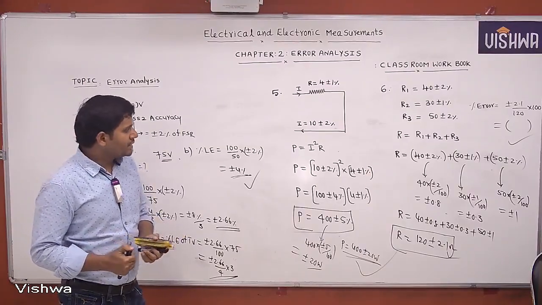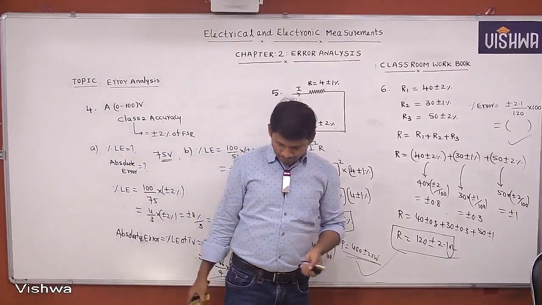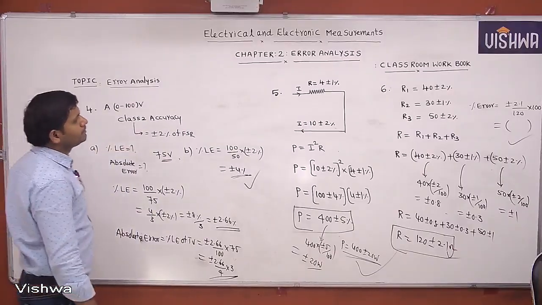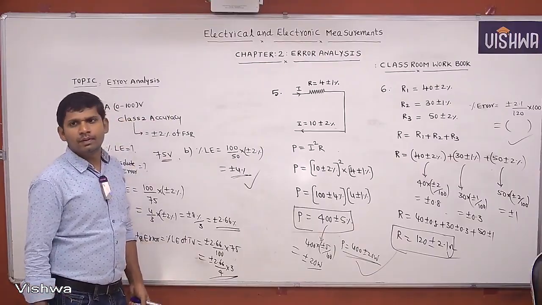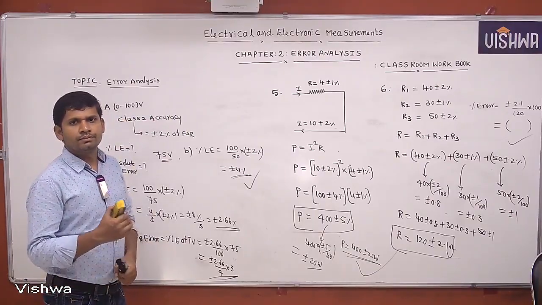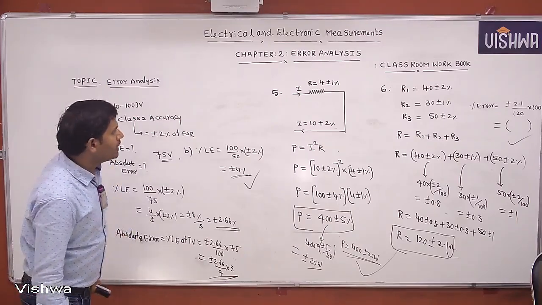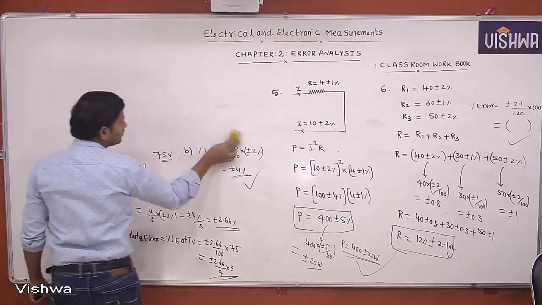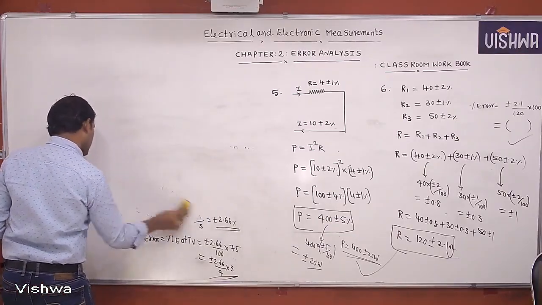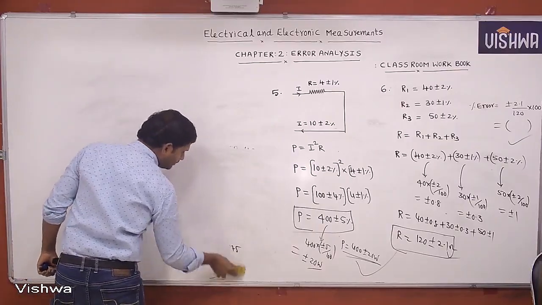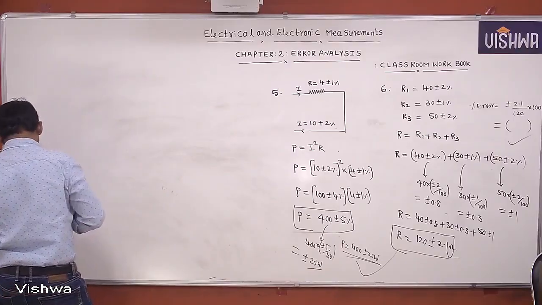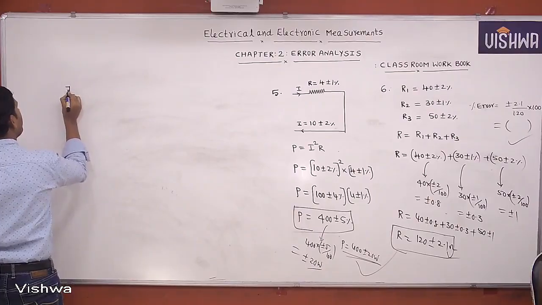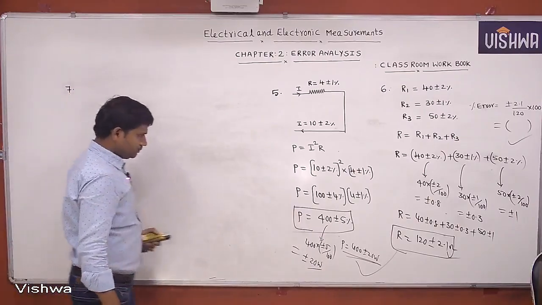This was question number 6. Now what is question number 7? All of you read the question. What is given?